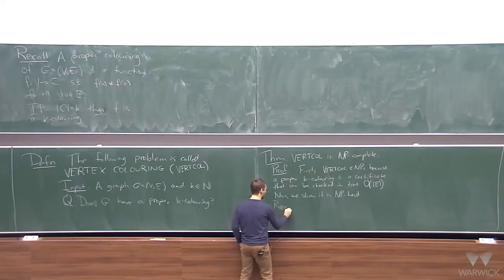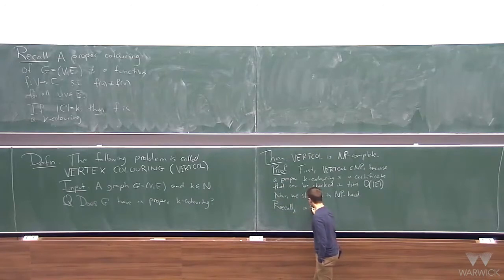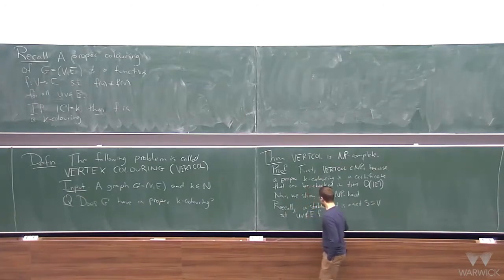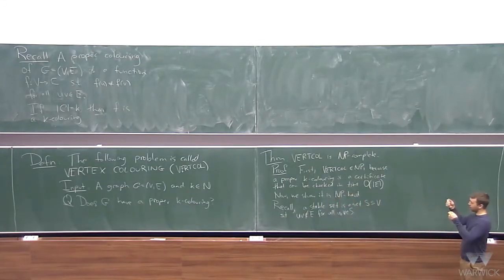In case you don't remember what a stable set is, a stable set is a set of vertices S such that if you take any pair of vertices U and V from S, then they don't form an edge.